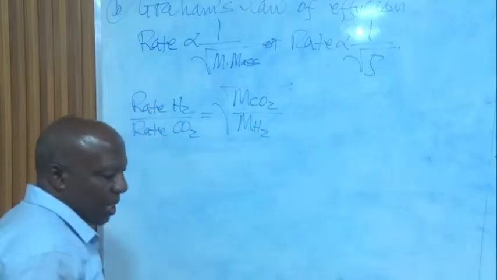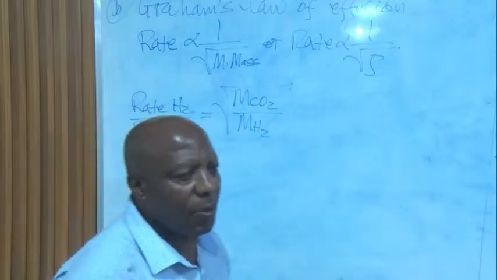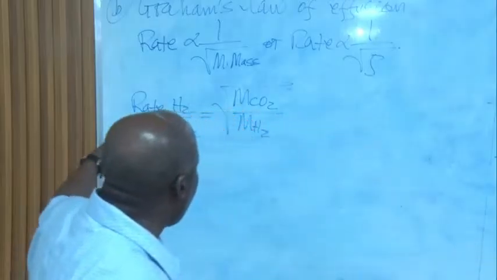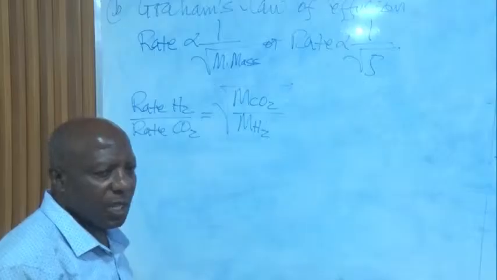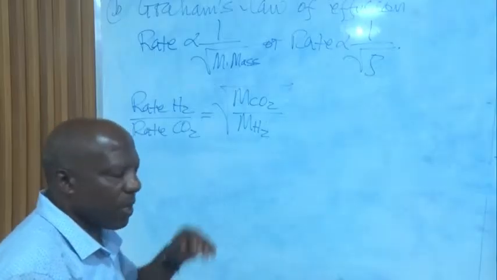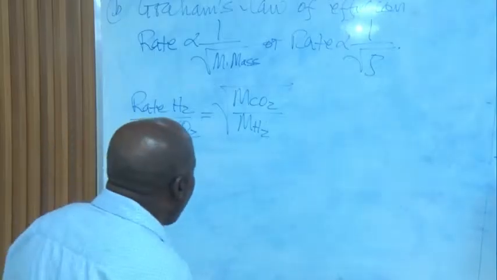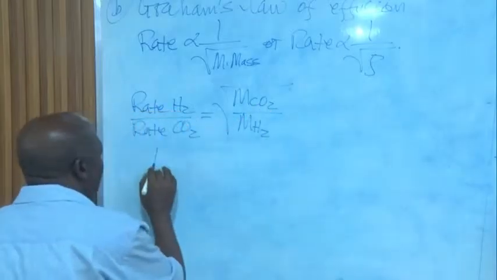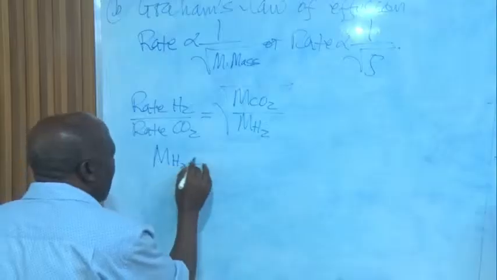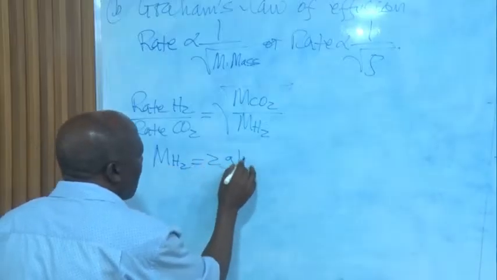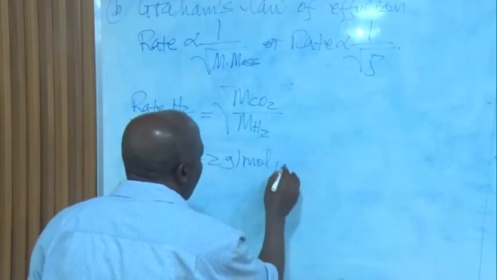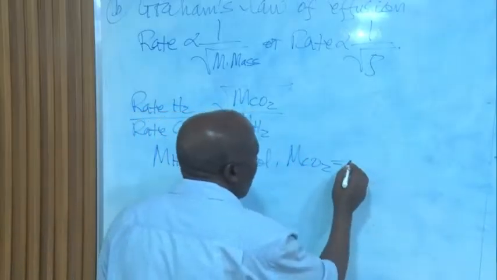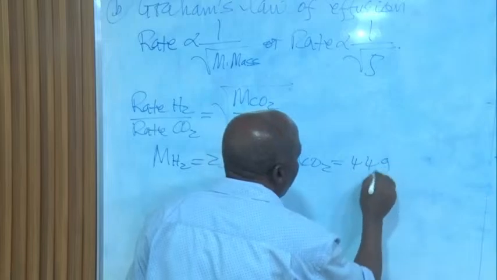This is the formula we will apply to know by how much hydrogen effuses compared to carbon dioxide. Now we have to get the molar masses. The molar mass of hydrogen gas is 2 grams per mole, while the molar mass of carbon dioxide is 44 grams per mole.